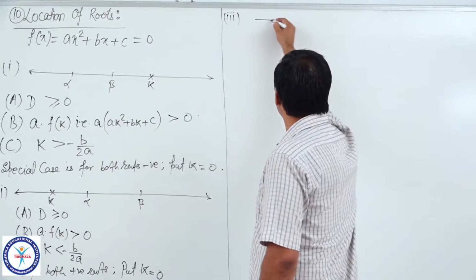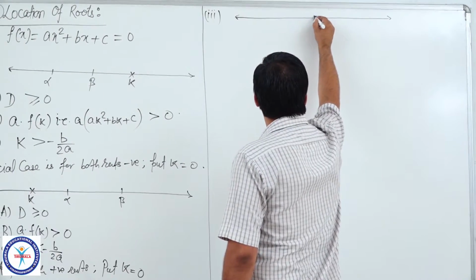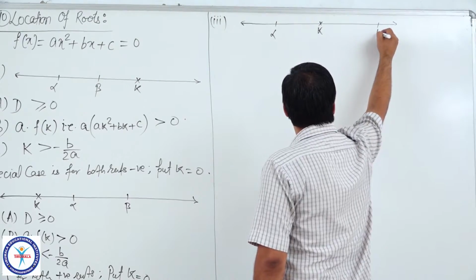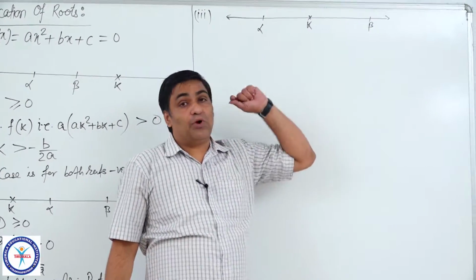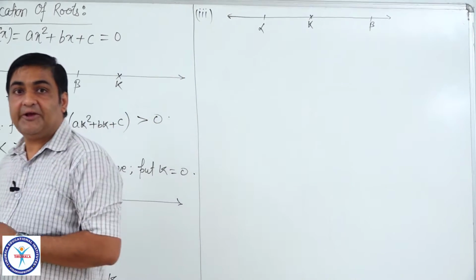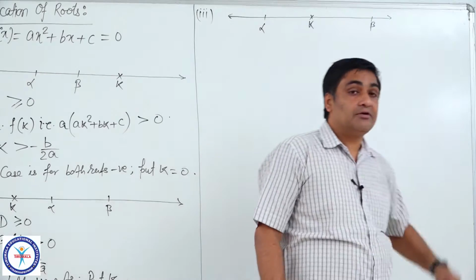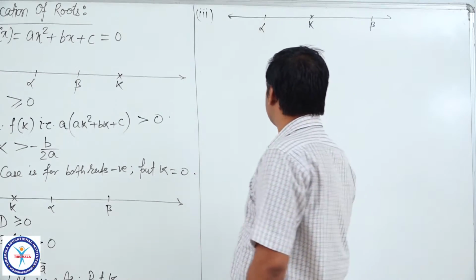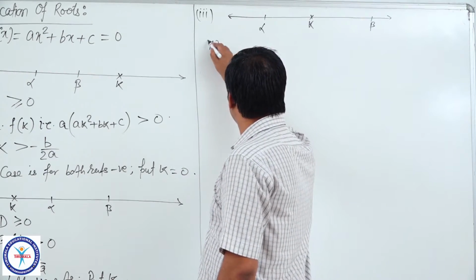Now, third case. You can see it as one root is smaller than k and other is larger than k, greater than k. Then what condition do we impose?